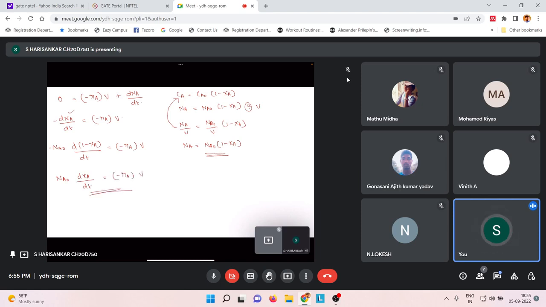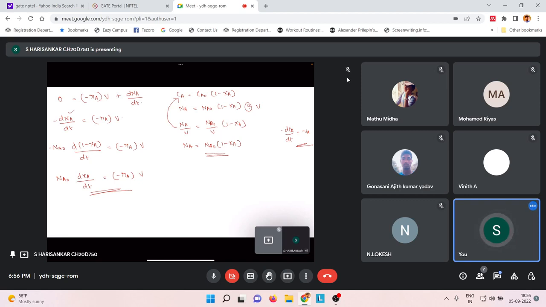Okay. So this is similar to that term where for the rate equation we wrote dCa/dt is equal to minus Ra, right? So this is pretty similar to that term. Now all we have to do is just integrate this.